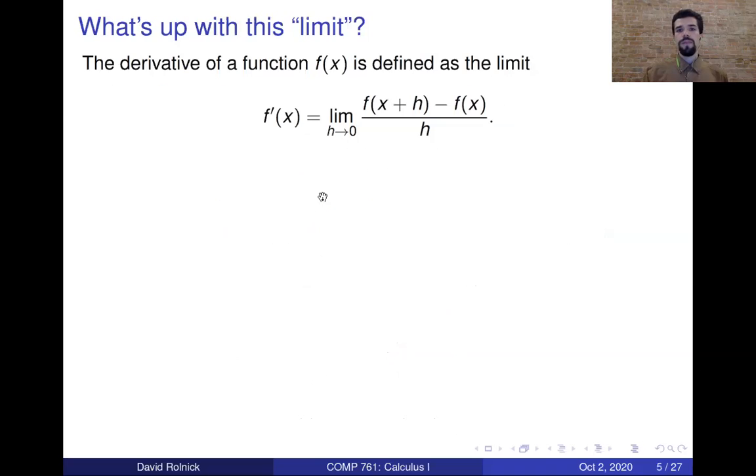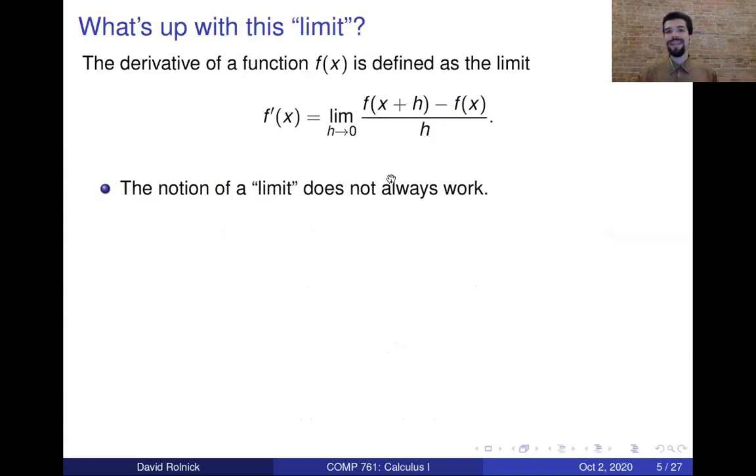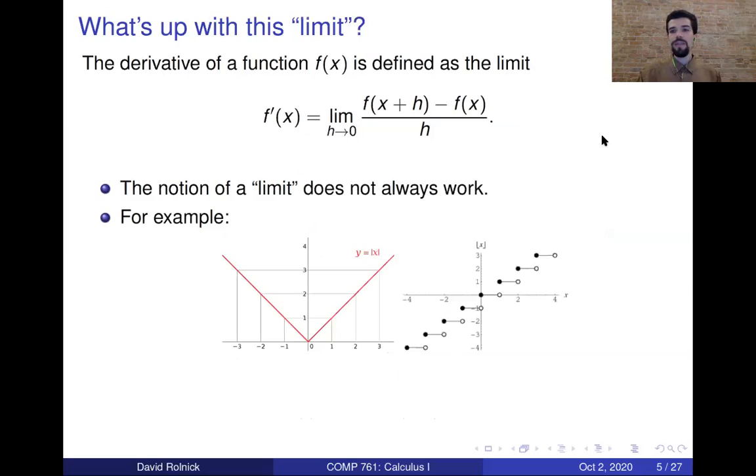Now, this limit, I'm not really going into what a limit is, but limits are not something that you can always do. Just to make you a little bit aware of why these are tricky things. Limits don't always work.